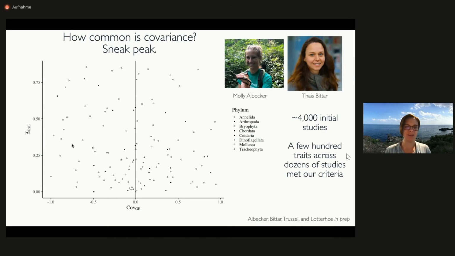We find evidence for COVE-GE in a lot of these systems, and quite a lot of data sets from trees met our criteria, which is great. But the interesting thing about looking into these studies is that a lot of people did not necessarily recognize that they had patterns of COVE-GE in their data, or it wasn't discussed as part of the study.